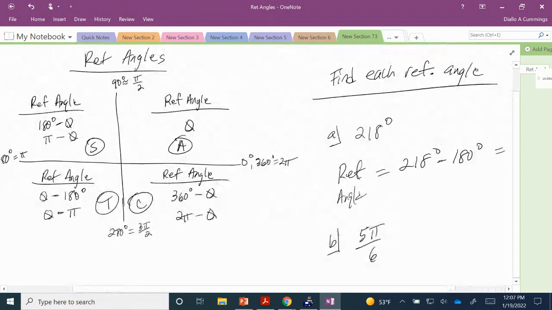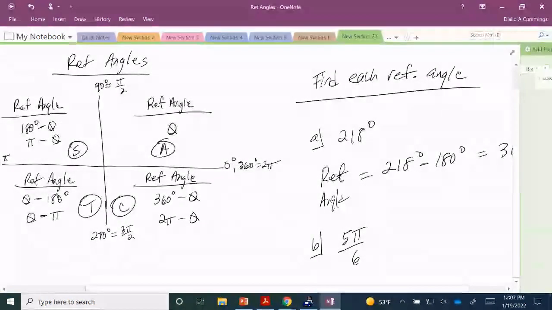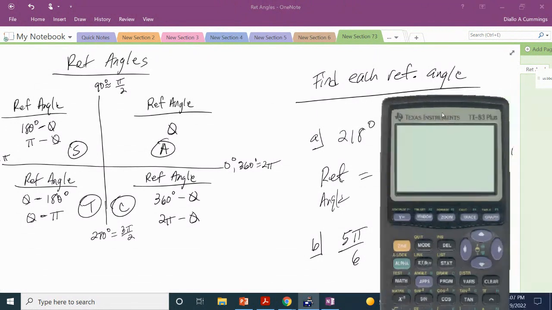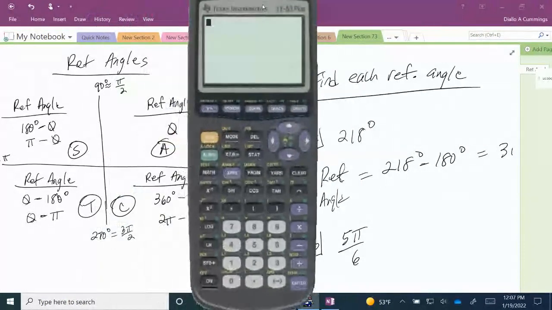All right, so the first thing I'm going to do is just determine which quadrant a 5 pi over 6 angle lies in. And so in order to do that, I'm going to simply convert 5 pi over 6 to a degree measure.